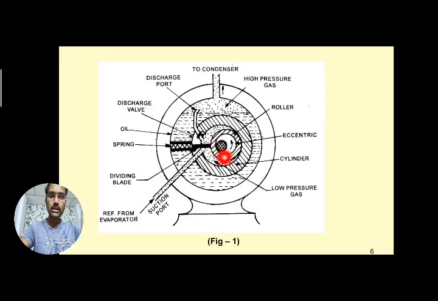Now this is the roller. The roller is rotating inside the circular cylinder, and at the center there is a shaft. This roller is rotating in an eccentric way, which means it is not rotating about its center axis.